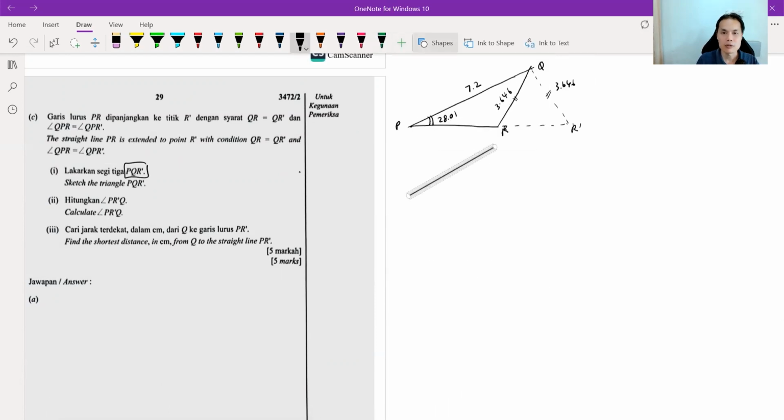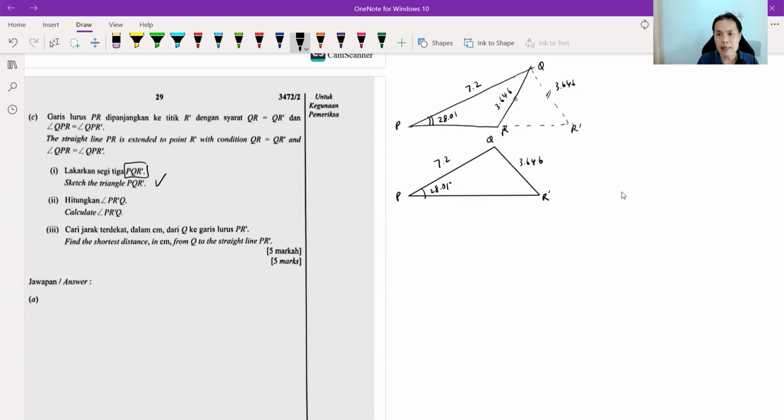Join together over here. This one is a bit too long, make it a bit shorter. The third line should be from this point to this point. So this is my PQR prime. This is 3.646, this is 7.2, and this is 28.01. My sketch is complete.